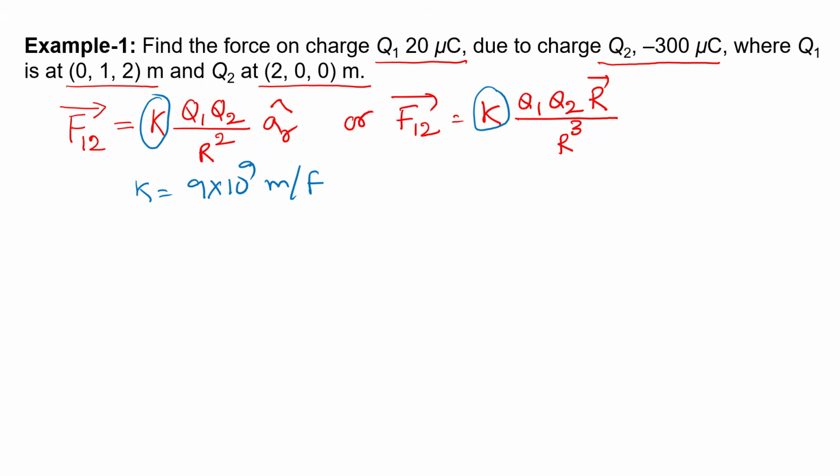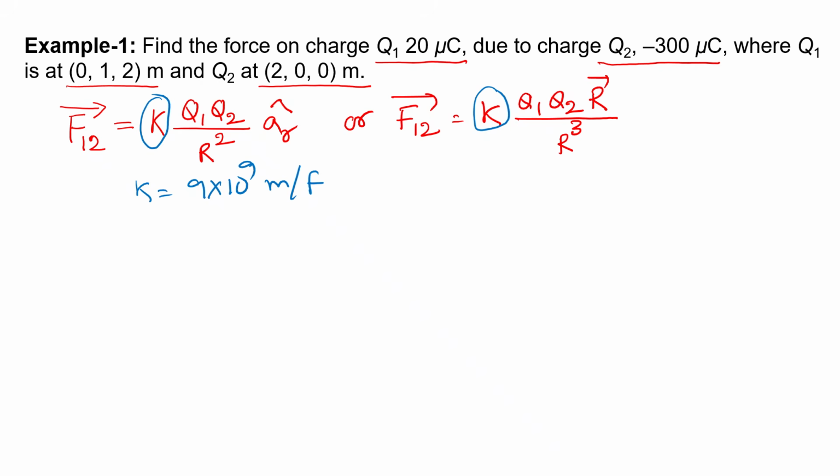If we take 1 by 4 pi epsilon naught, then first we'll have to replace the value of epsilon naught, then we'll have to calculate the value. So it becomes a bit difficult. Sometimes we may make some mistakes. So to avoid that, we can directly solve this problem by using the constant k, whose value we know very well, that it is equal to 9 into 10 to the power 9 meter per farad.